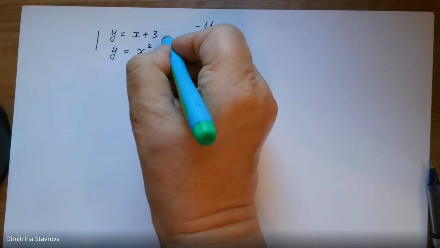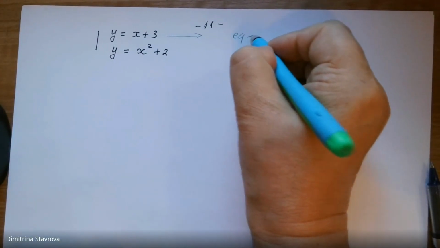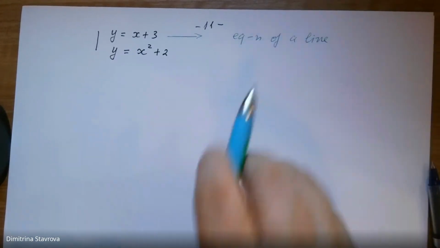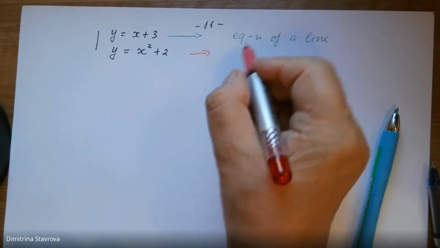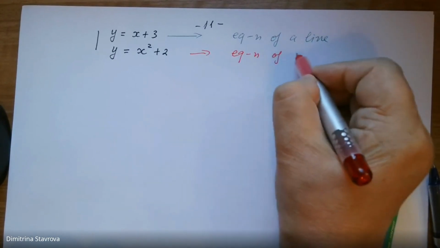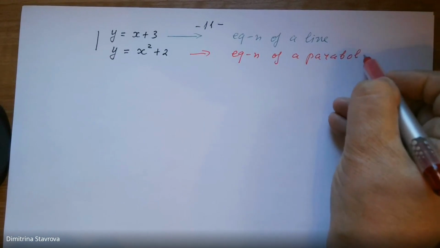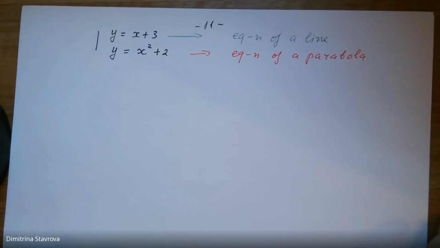As we already commented, this is the equation of a line. And from algebra and geometry, we know that this is the equation of a parabola with vertex (0, 2).